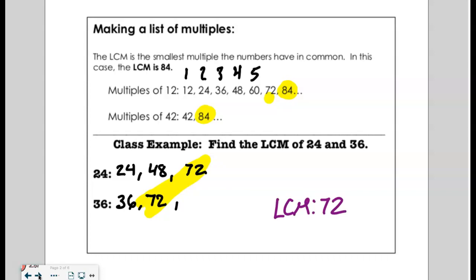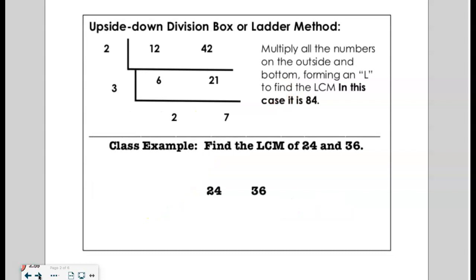The other method we can use is that ladder method that we've already looked at a little bit yesterday. So yesterday in the video we saw that we find LCM by multiplying along the L. Remember, we find our factors by finding the smallest prime number that divides into both numbers.